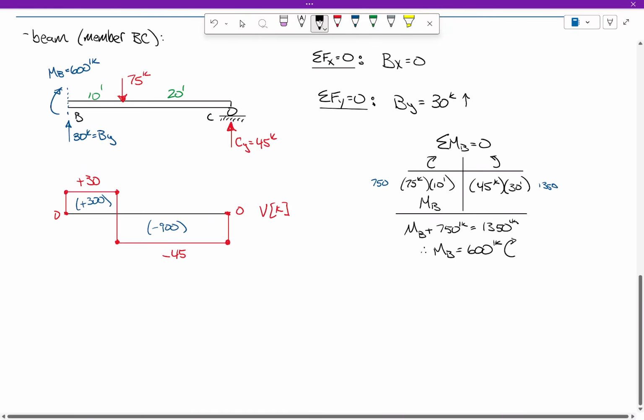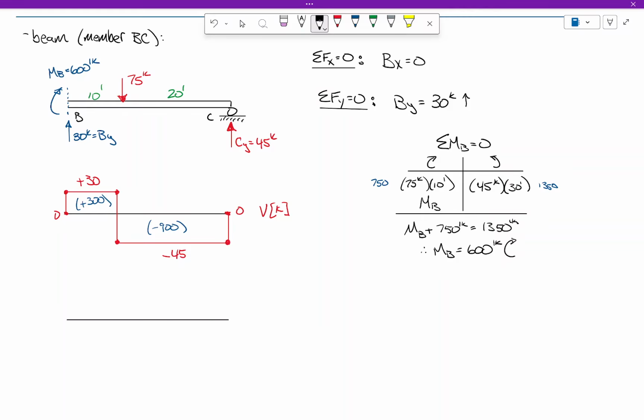So for the construction of the moment diagram, let me lower that a little bit. We've got to have a sudden jump right here. Linear increase. Back down to 0.